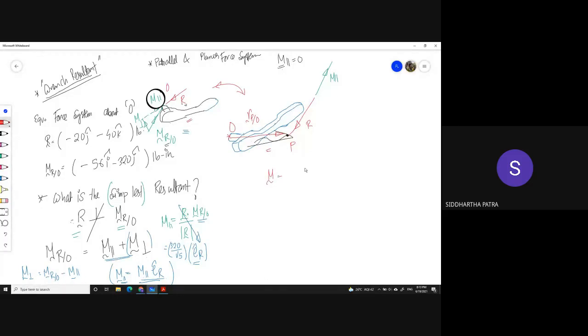So this basically means M is M parallel plus, you see M parallel is a couple moment, so this part is actually your M perpendicular.